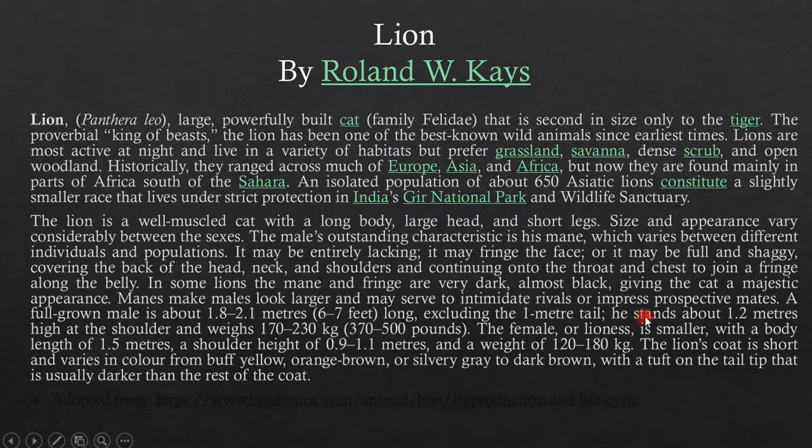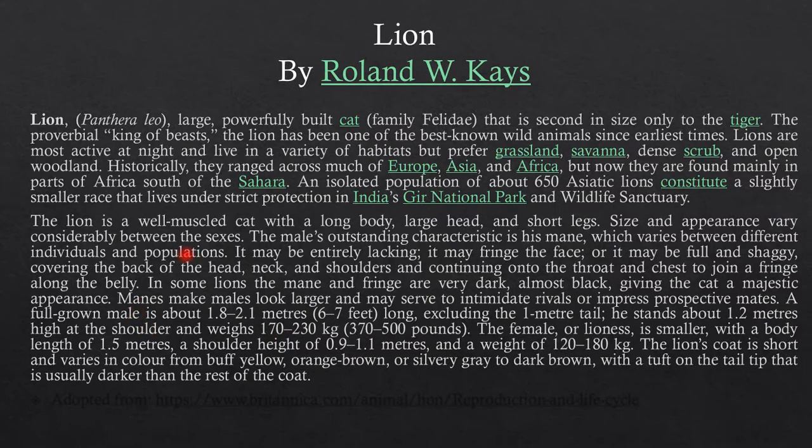He stands about 1.2 meters high at the shoulders and weighs 170 to 230 kilograms or 370 to 500 pounds.